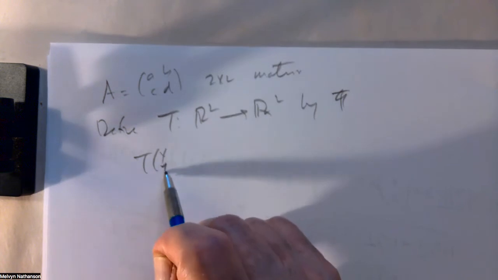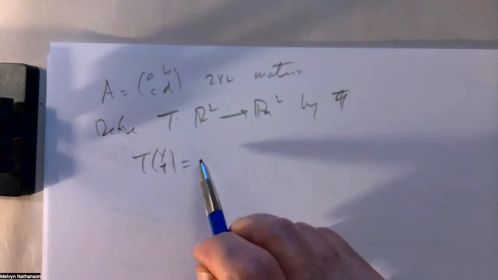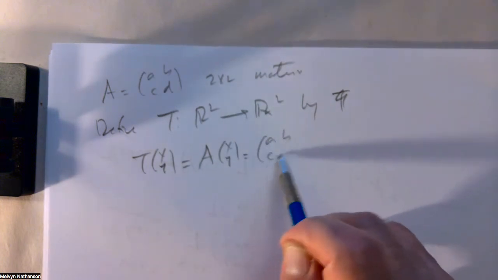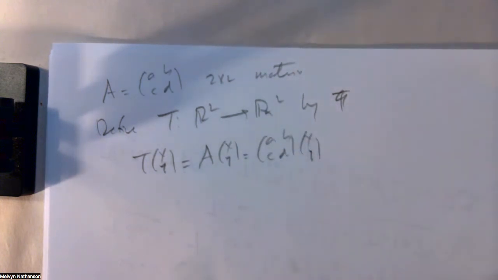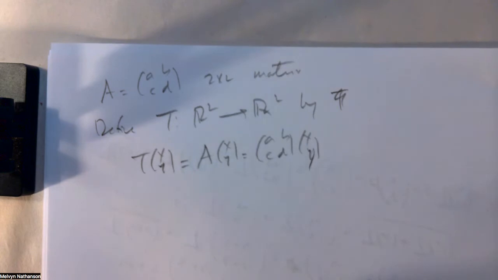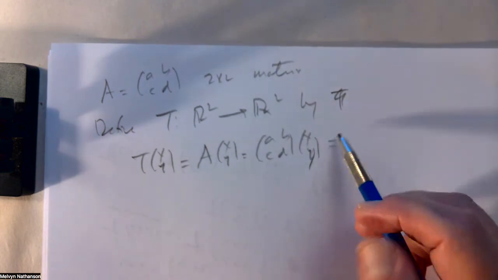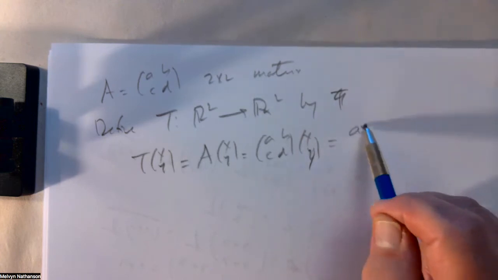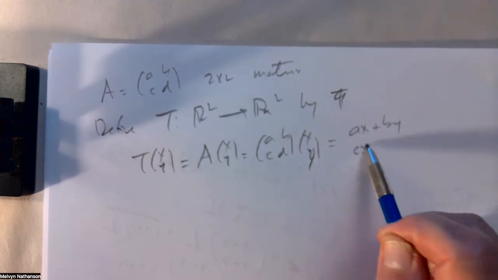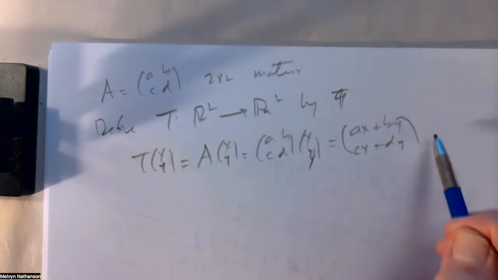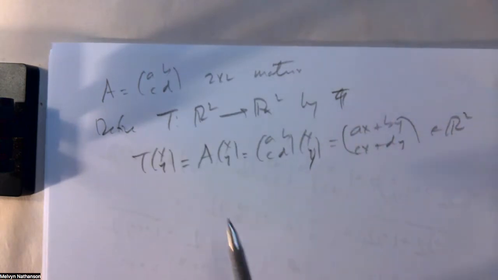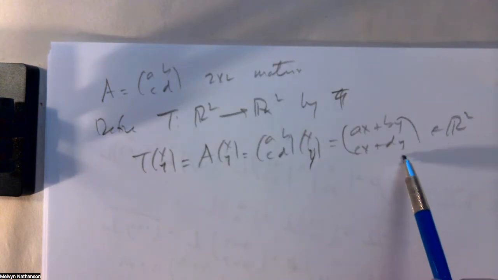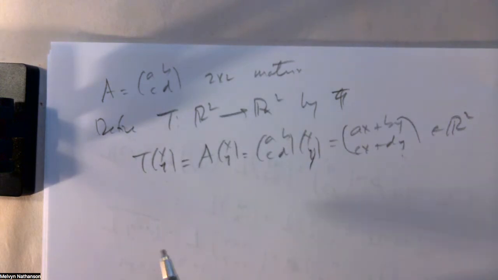T of (x, y) is going to be the matrix A times (x, y). By matrix multiplication, that's (ax plus by, cx plus dy), which is a vector in R2. So T of the vector (x, y) gets sent to this vector in R2.